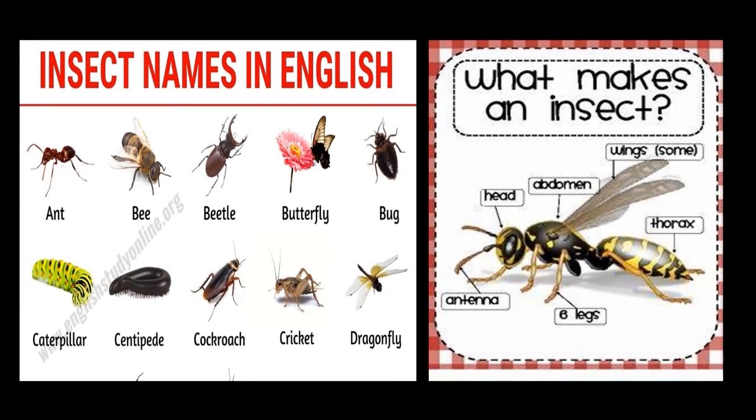Let's look at some insects on our screen. We have the ant, the bee, the beetle, and I want you to look carefully to see the antenna on top of the insect's head. You see the beetle, the butterfly, the bug. We have the caterpillar, the centipede, the cockroach, the cricket.